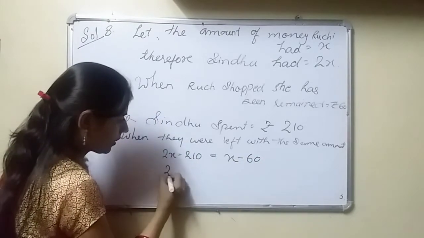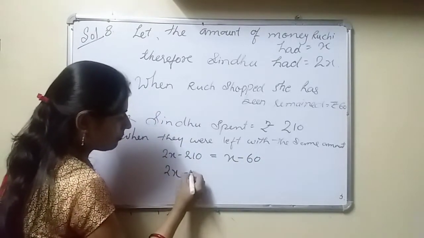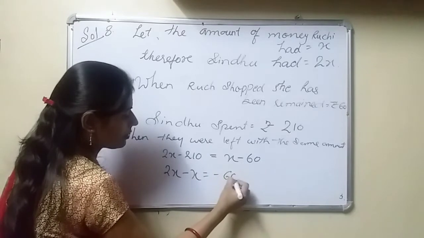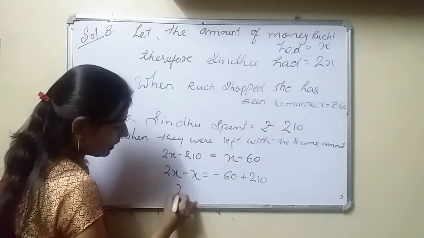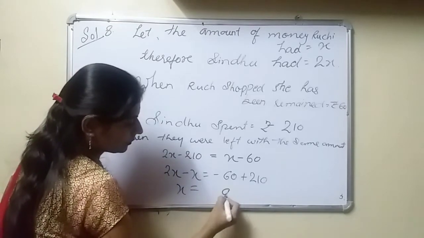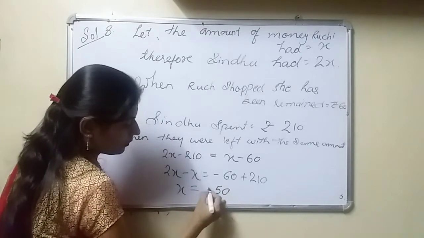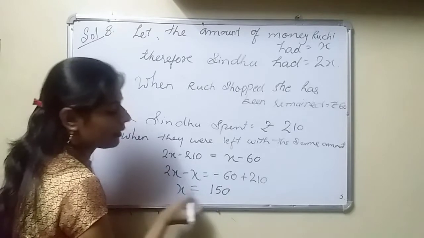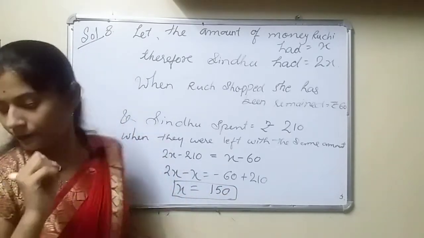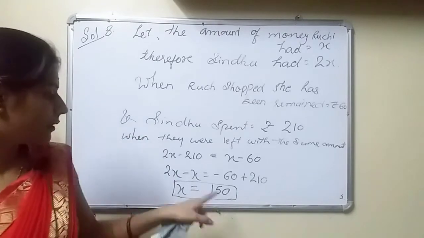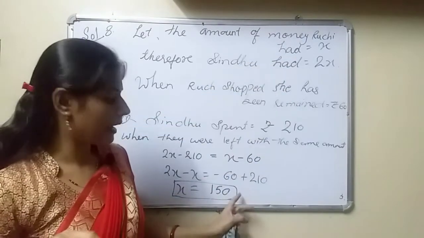Now see, 2x minus x is equal to minus 60 plus 210. Now see, it will become your x equal to 150. Okay. Now see, what is the price Ruchi had?